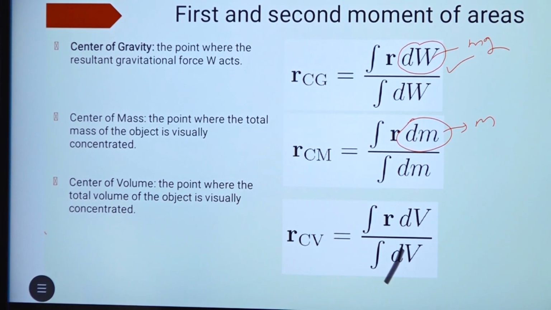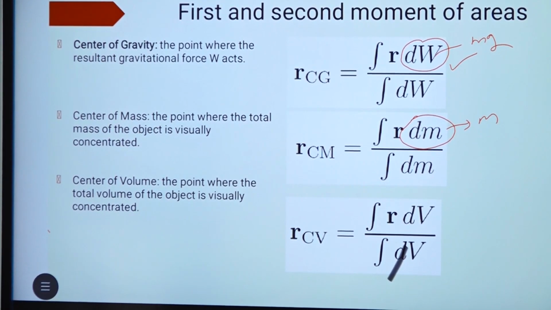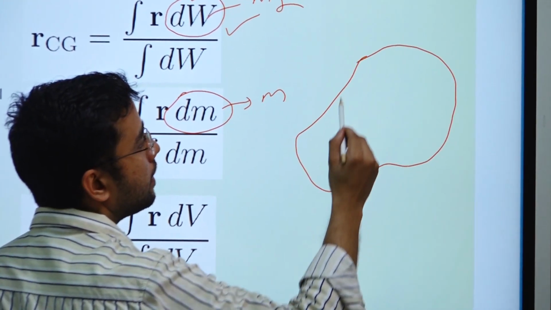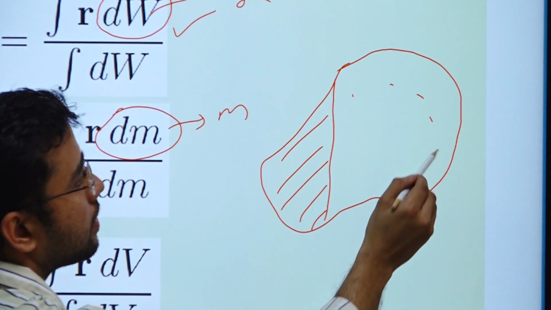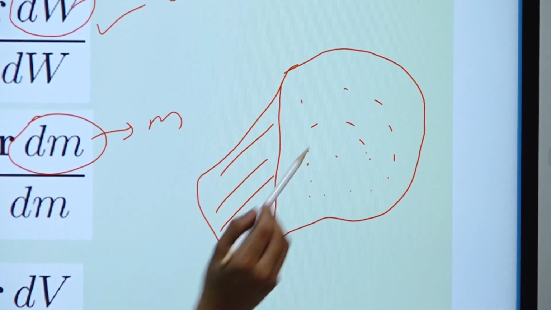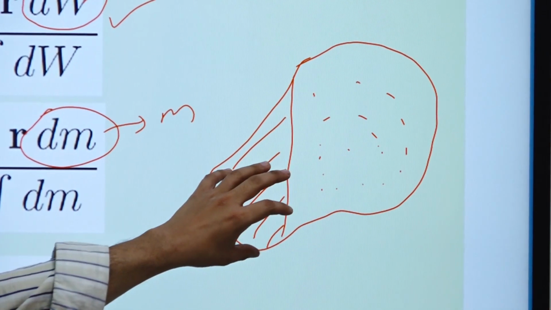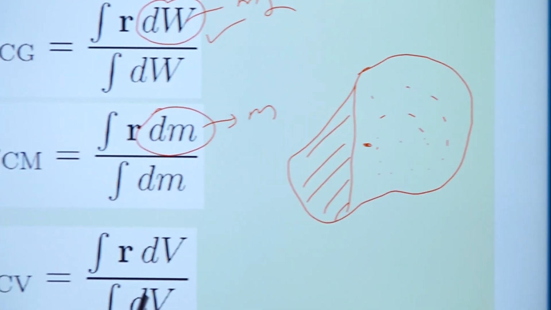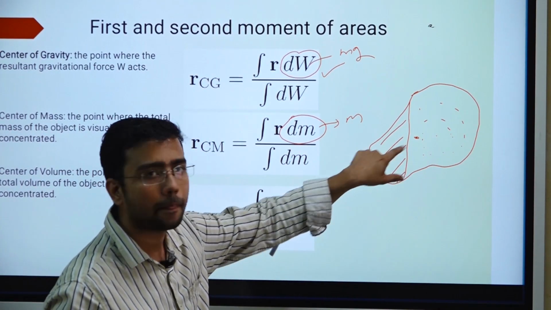Center of volume, same way, is the point where the total volume of the object is virtually concentrated. So suppose we have this object and here the density is more and here the density is less. So center of mass will depend upon that. Center of mass will depend upon the density of the object, right? So based on that, suppose center of mass is coming here, but center of volume will not depend upon that. Even center of gravity also depends upon the density, right?